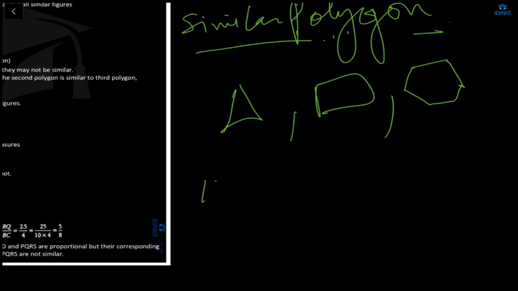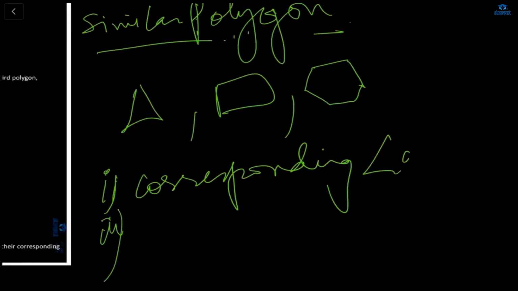There are 2 points that you have to check: first, that their corresponding angles are equal, and the second criterion is that the corresponding sides are in the same ratio.